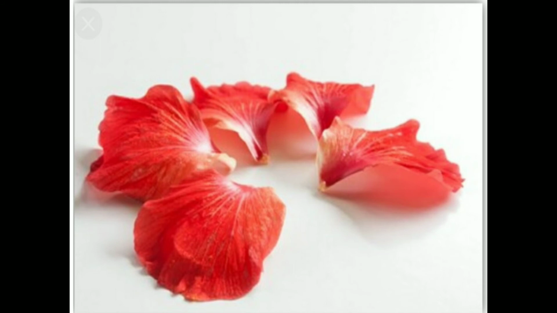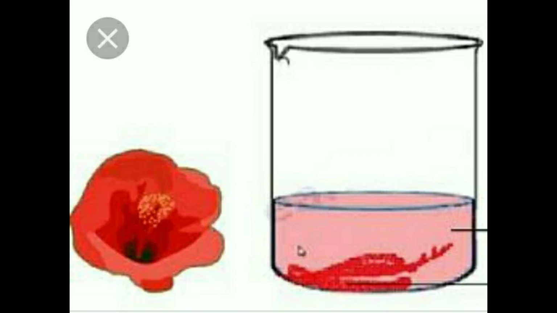We put those petals in a beaker, and then we add some warm water. After adding the warm water, we leave it for some time without disturbing it at all.